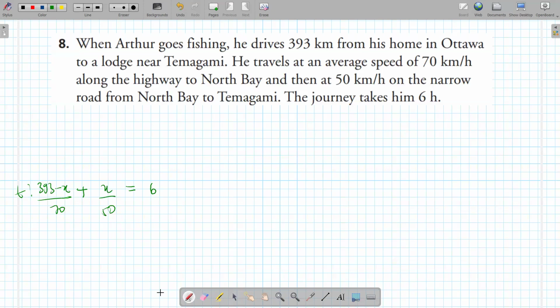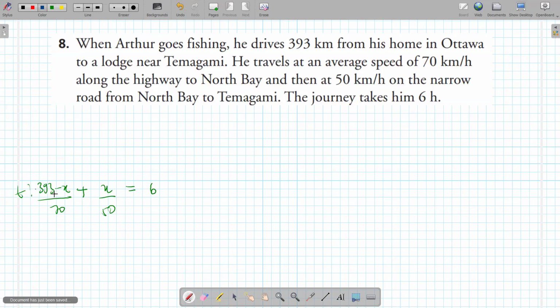That's not wrong, but it's too big. That would not be the LCD. That would be a CD, not an LCD. It's 350. That'd be the smallest one. You could do 3,500, but then you'd be multiplying this by 50, and then you'll get a huge number. You want to deal with small numbers.